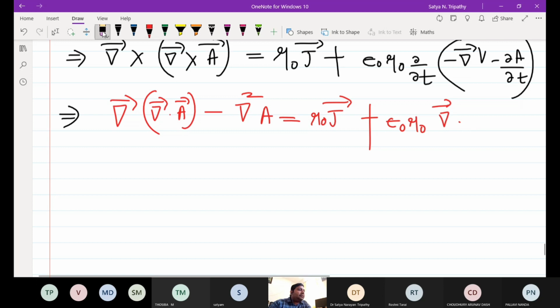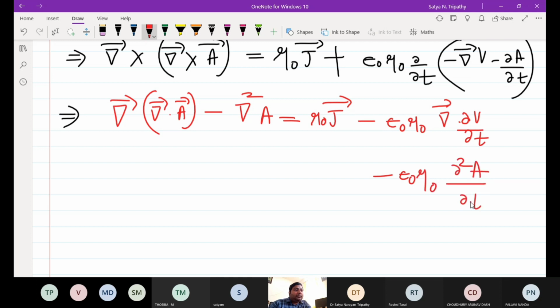I can do minus here directly. This is minus dV by dt, minus epsilon 0 mu 0 d square A by dt square. Is it clear?